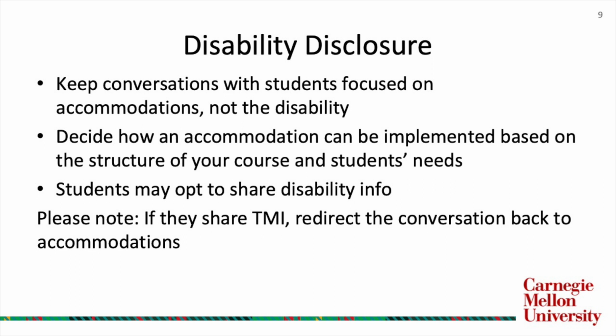And that's really important, because if, let's say, you have two students who have flexible assignment dates in your class, and you give one student a certain amount of flexibility because of their disability, and then another student a different amount of flexibility because of their different disability, then you're getting into unequal treatment and disability discrimination and all kinds of stuff that you just don't want to go down that road at all. So I would, again, keep it to the accommodations discussion.